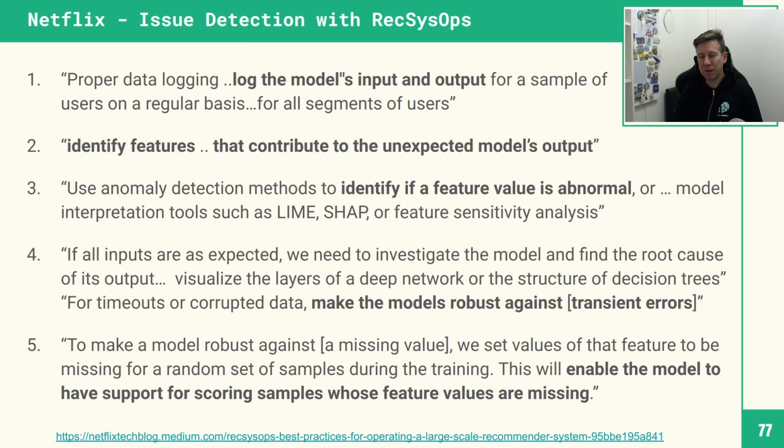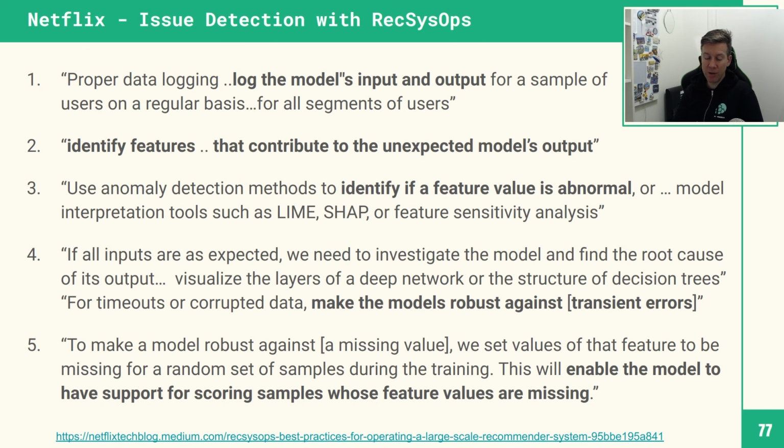Sometimes you train models and particularly in deep learning networks, you can have vanishing gradients and ReLUs that die and things like that. And sometimes you need to actually visualize the different layers to see where the problems are. You can also train models to be robust against problems with input data. So if you've got timeouts or corrupted data, you can make the models robust against those kind of transient errors as well.